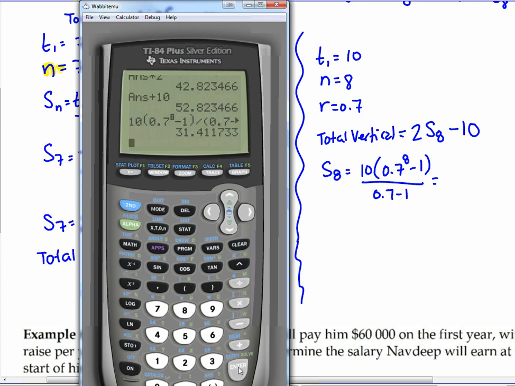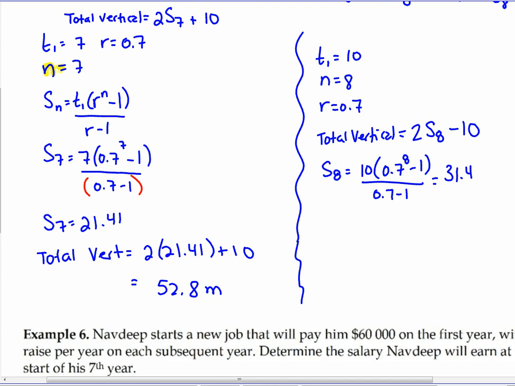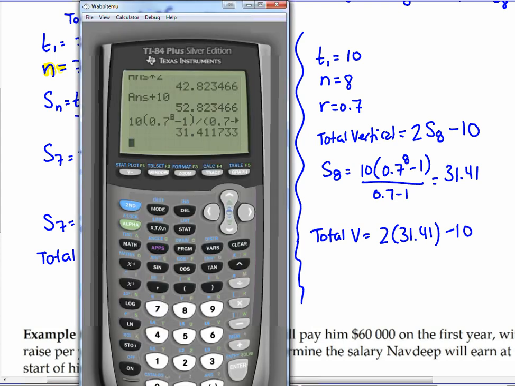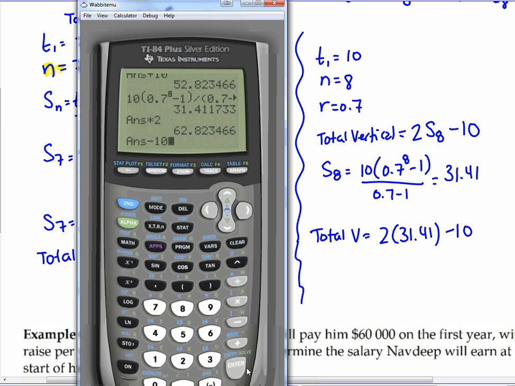It's going to give you 31.41. And so your total vertical equals 2 times that 31.41, but minus 10. You have to subtract the 10 because you actually included it. So times 2 minus 10, we have an extra 10 in there, and that gives you the same answer, 52.8.